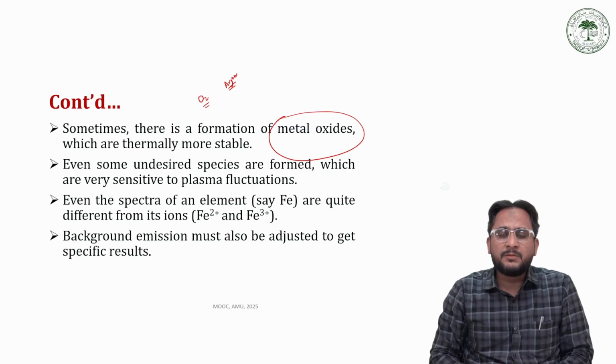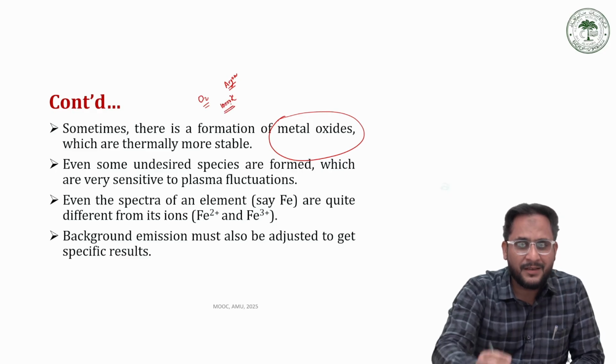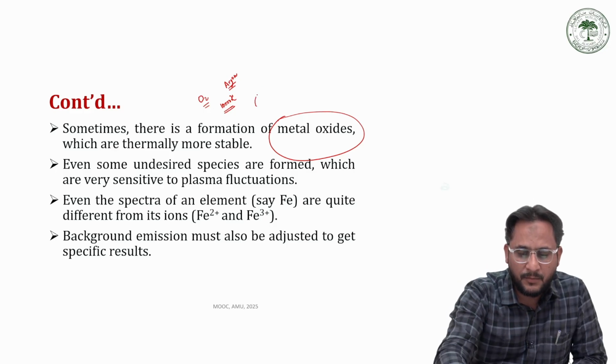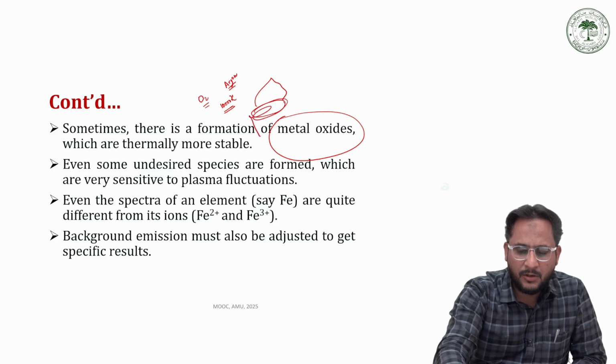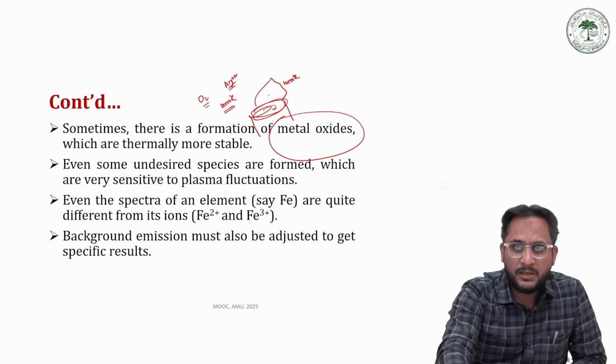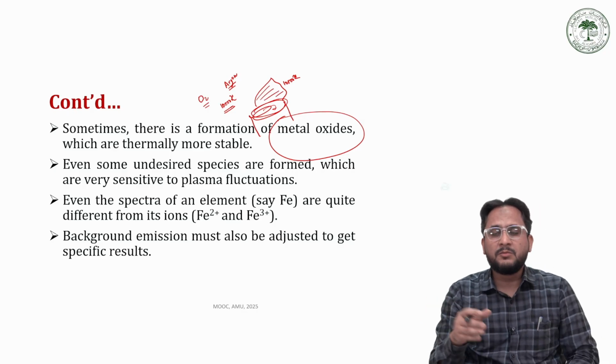And if in any case metal oxides are formed, then the temperature is so high, because we can go up to 10,000 degrees Kelvin. I told you yesterday in the previous class that when the plasma is formed, from the torch we have these coils and the plasma is formed, initially the temperature is very high, 10,000 degrees Kelvin. We could do the analysis here, but it is a very bright region, because plasma emits a continuum of bright lines.